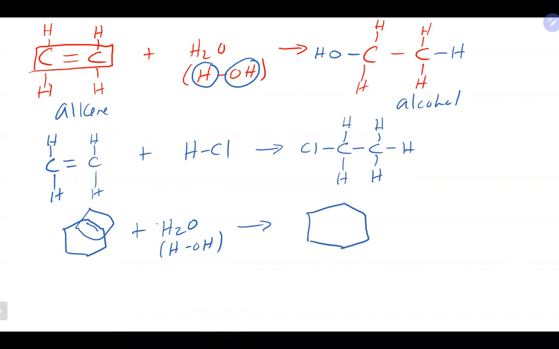And now one will get the H and one will get the OH in this case. So it works the exact same way. Once again, nothing weird happens. It doesn't break apart into like a straight chain. It's still a ring structure at that point. Any questions on that? So the take home is double bond to single bond, add one to each.